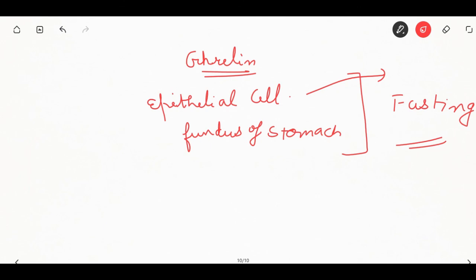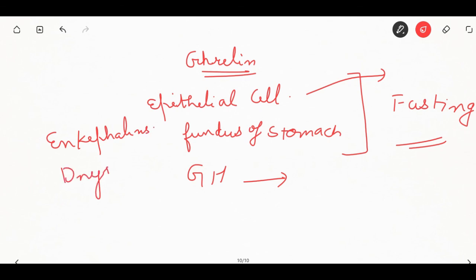It promotes the secretion of growth hormone by stimulating somatotropes, the growth hormone synthesizing cells in the anterior pituitary. Other hormones are enkephalin, dynorphin, neurotensin, serotonin, bombesin, etc.